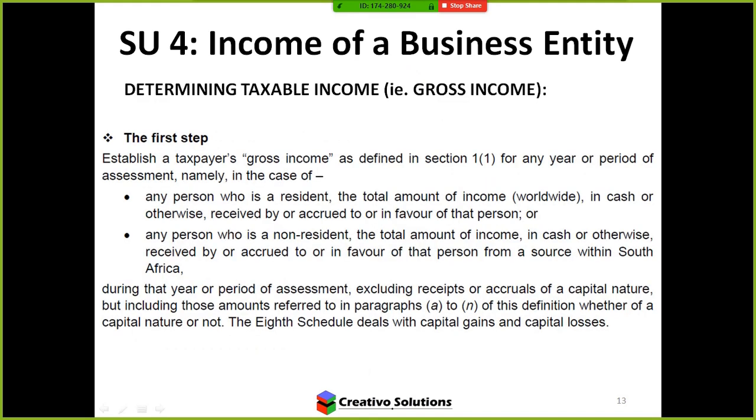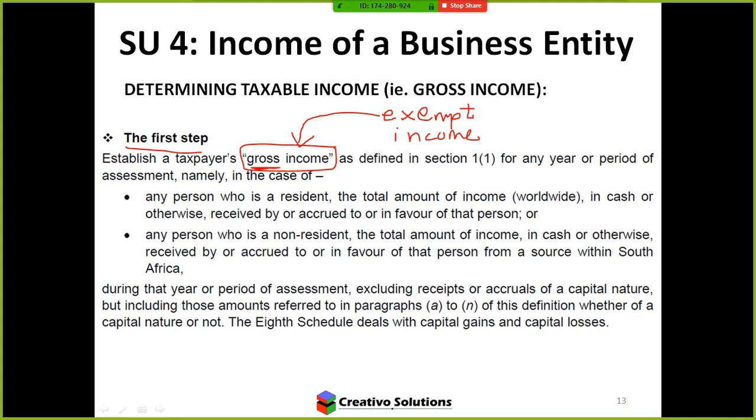Okay, so that's the hard part. The easy part is applying it. When you look at the legislation, you'll see it's actually not that difficult to apply when you've got different test questions or activities where you've been asked, do I have to record the income or not? That's something to consider always. So what is your first step? Step number one, gross income. Remember we spoke about gross income, exempt income, and special inclusions. Exempt income means it's income, but it's taken out of the gross income. Gross means everything.